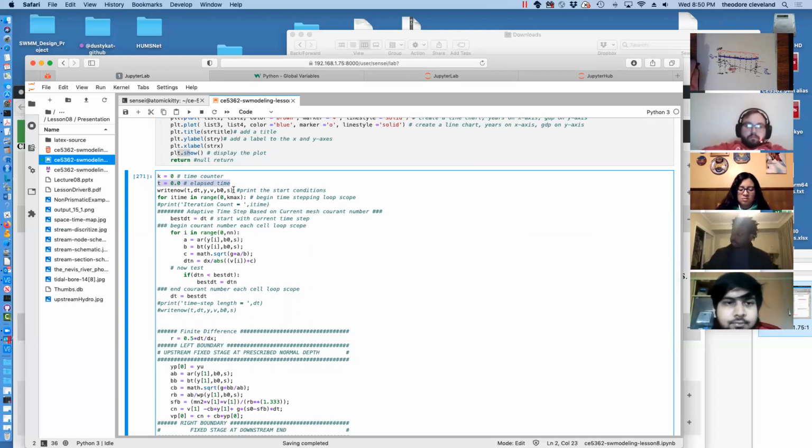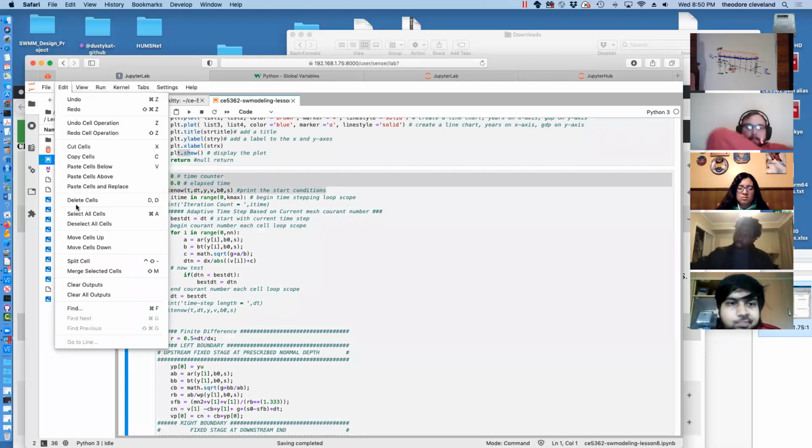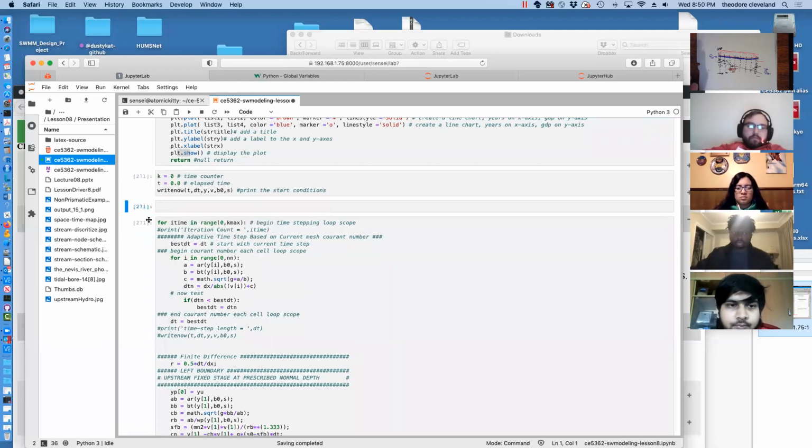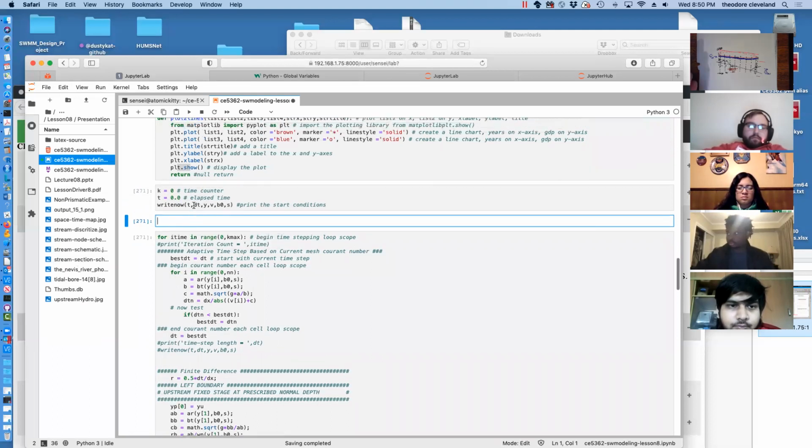And I have this instance where we print the start conditions. And let me, just for fun, split this cell out. Oh, good, it worked right. And we'll actually plot the start conditions.